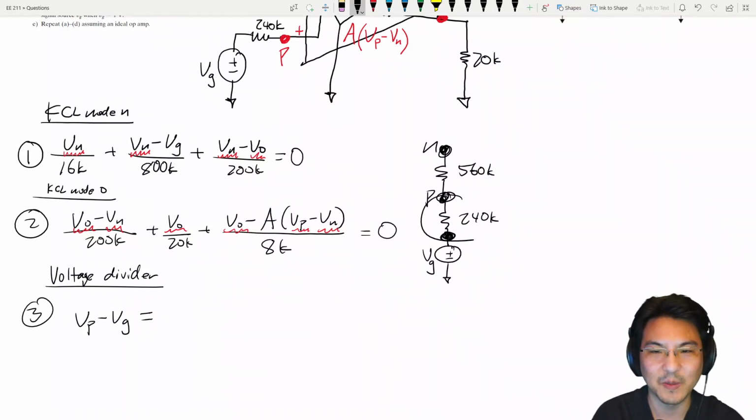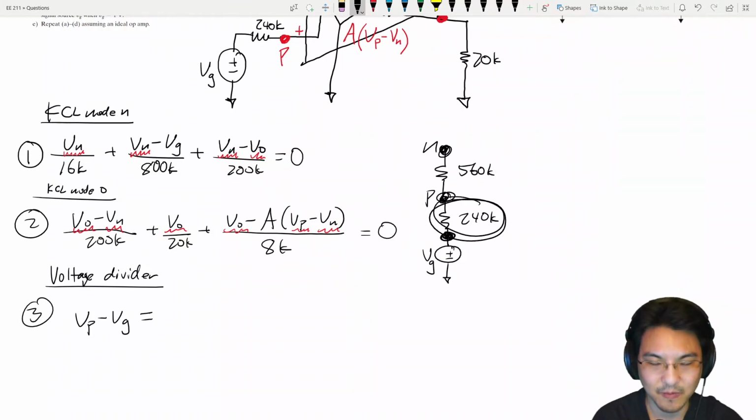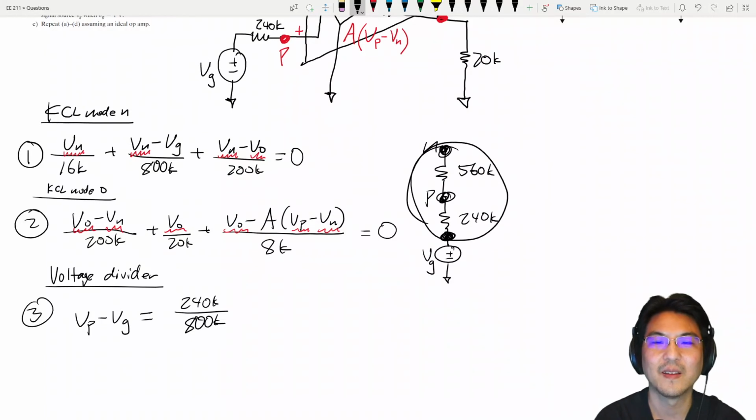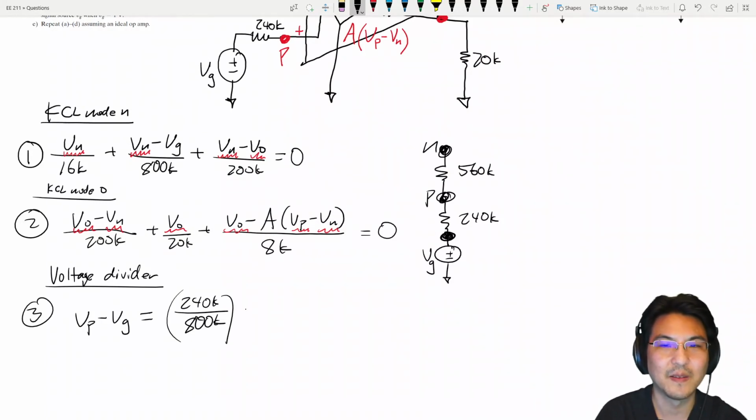Okay, so the voltage from here to here would be this resistor over this plus this. So that would be 800 times the voltage from here to here, right? So this whole thing, which would be Vn minus Vg.